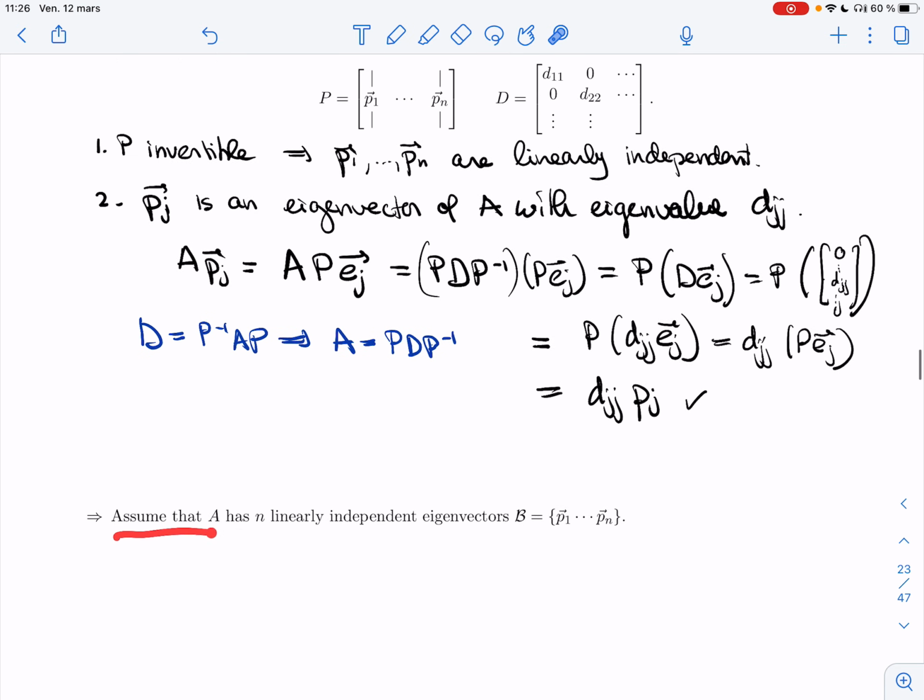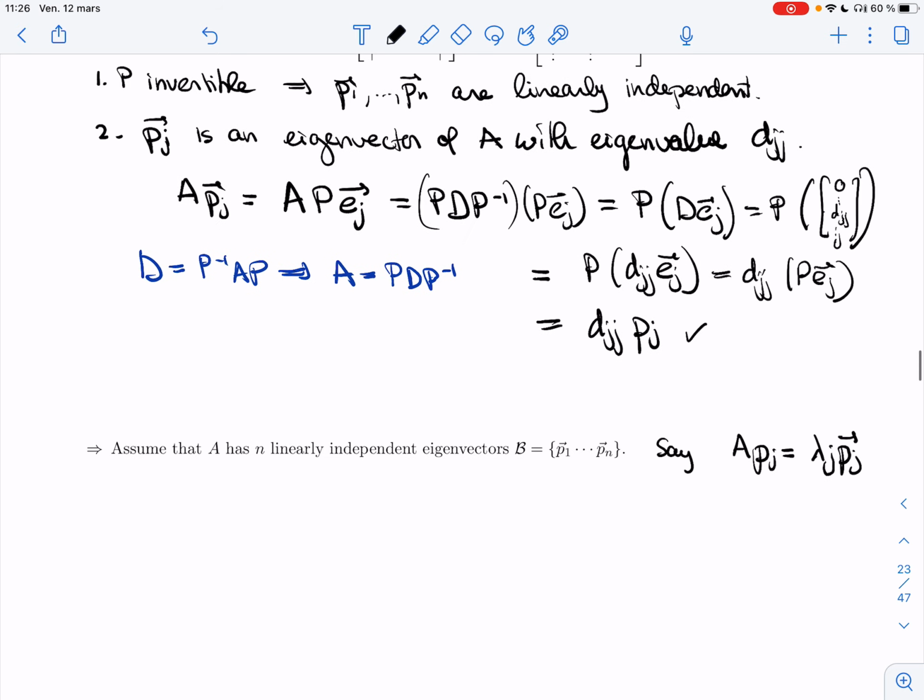Now let's assume that A has n linearly independent eigenvectors. Let's say that A pj is lambda j pj. I'm going to take P to just be those eigenvectors in a matrix. That's going to be invertible because we have a linearly independent set.